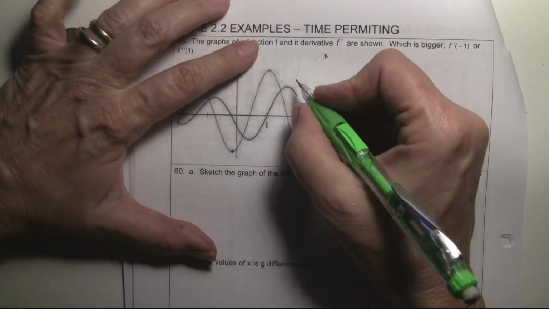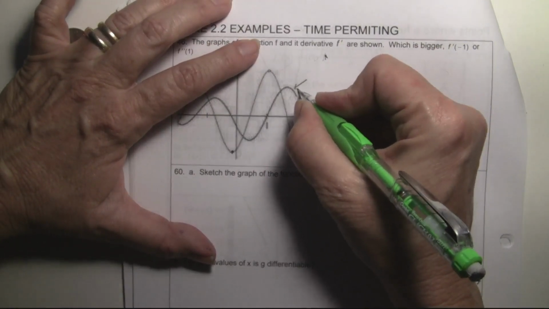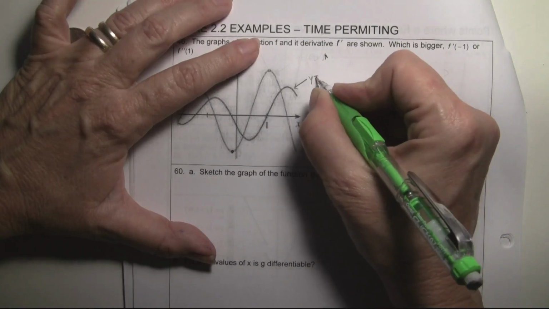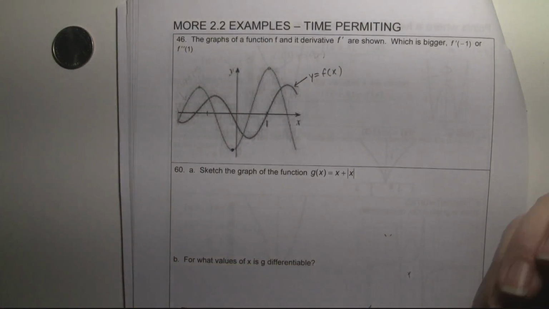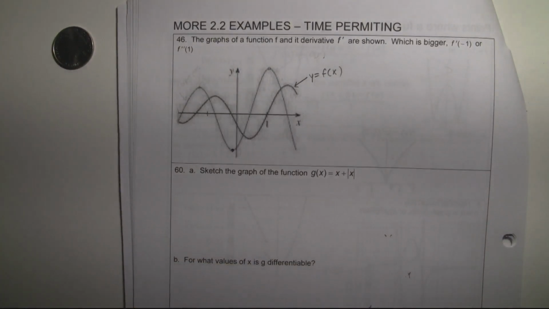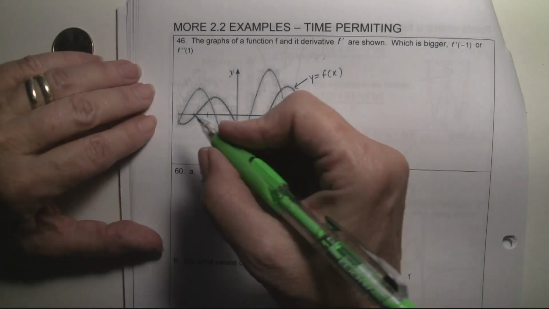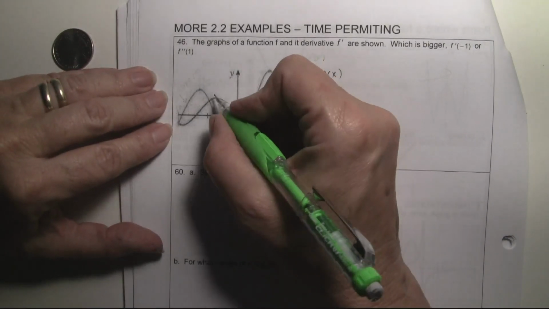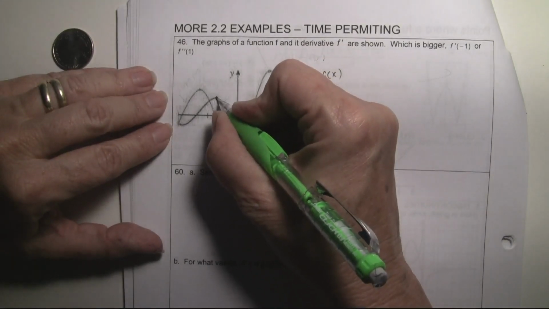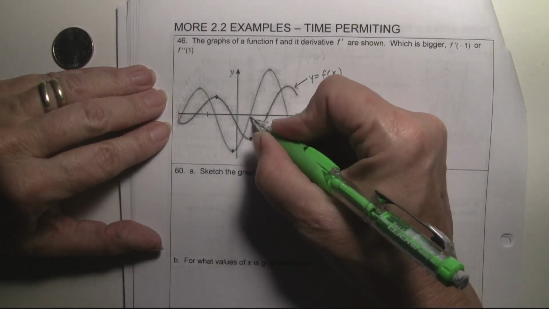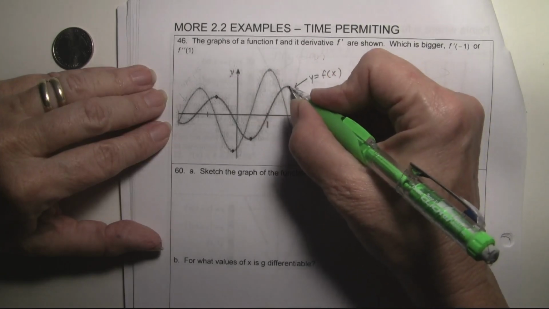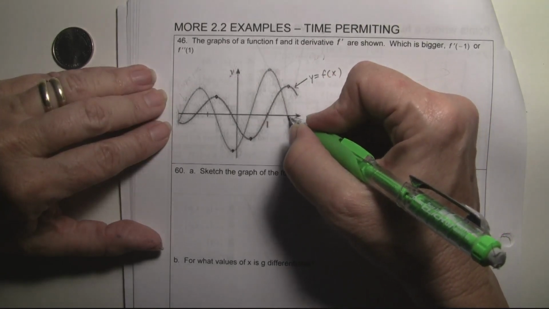I want to now say that this one is the function. And remember, that's my first goal, is to figure out which one's the function and which one's the derivative. So now if I go on the slightly darker one, and here is a 0, and that's at 0, and here is a 0, and that's at 0, and here is a 0, and that's at 0.